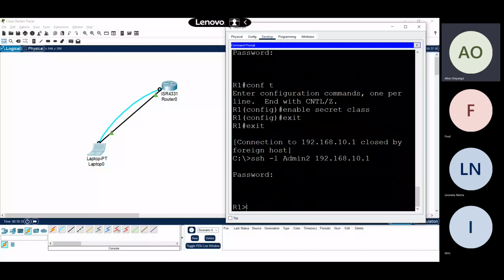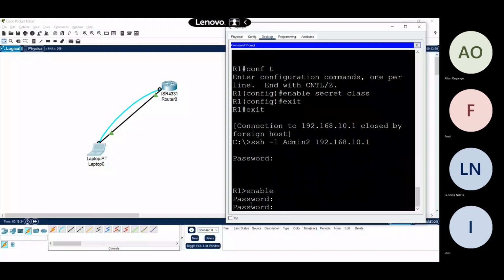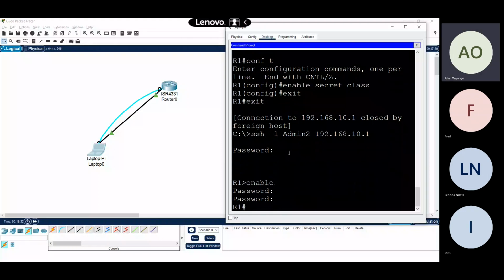Because of privilege 0, it takes us to the user exec mode where we must type enable, press enter, and then put a second password. That password was Cisco. Is it Cisco? It's class, yeah. Okay, then class. Yes, class, correct.